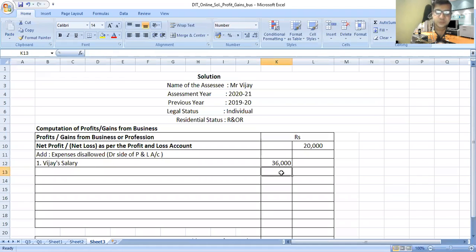This 36,000 portion should be disallowed from this 66,000 amount of salary.